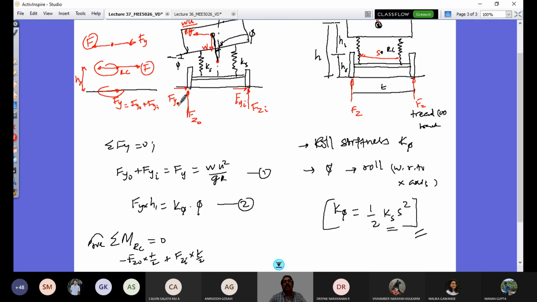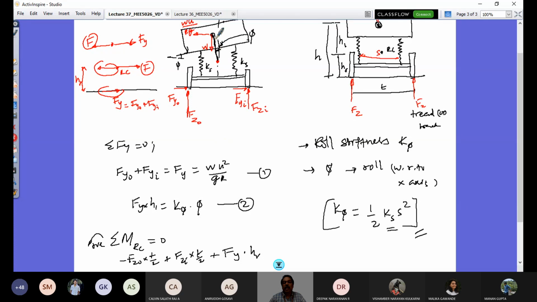So minus plus Fz i into t by 2 is positive moment. And I have this Fi naught plus Fi. So the sum is what is Fi. So let me take that as from here Fi into HR, the distance HR. And that moment would be counterclockwise moment. That is why I have here plus moment. And the moment by Fy.